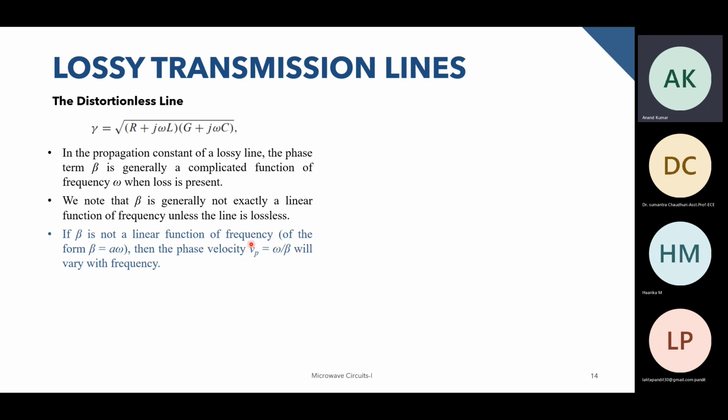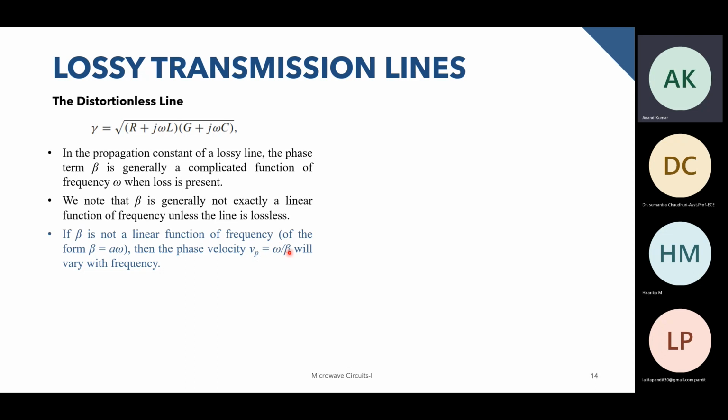the phase velocity will vary with frequency. If you have beta as a linear function and substitute this beta over here, the omegas will get cancelled, and you will get a constant value for all frequencies.